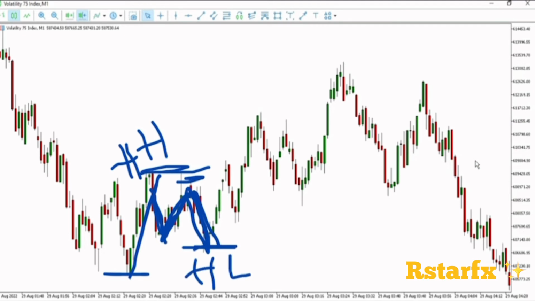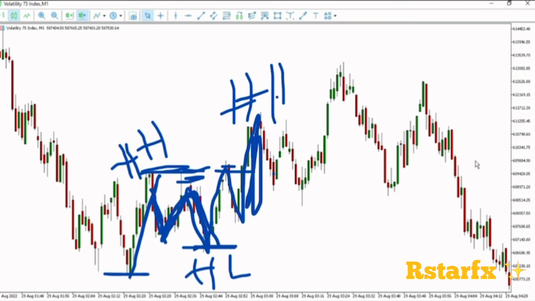Until we break this, which is here, until we break it to the upside to form another higher high, we still consider all this as our impulse, and all this as our pullback. Are you getting this, guys? It's very simple.